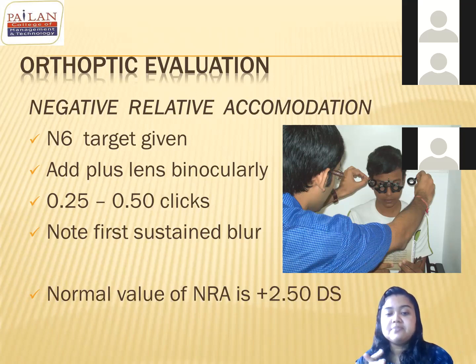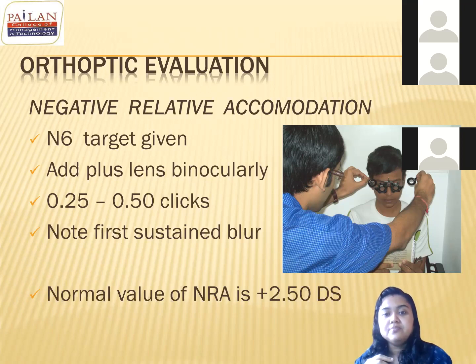So if the patient has a plus 2.5 diopter NRA value, that means it is normal. Always note down the first sustained blur where the patient reports it. He should never change the distance of the book from his eyes. Okay, he should keep it straight, he should never change, and he should look at the near target in the near vision book.